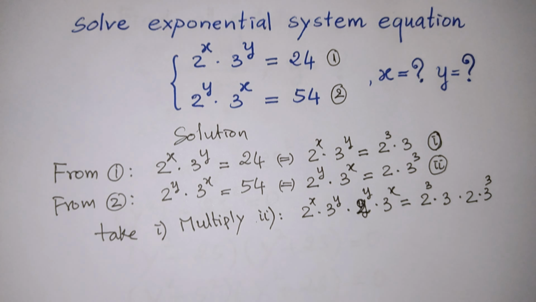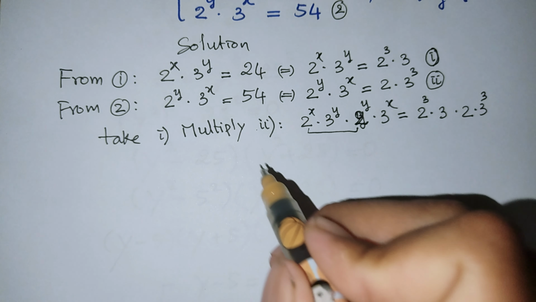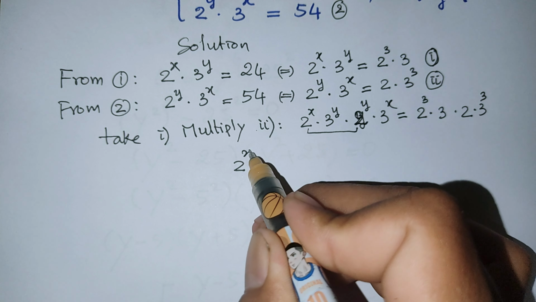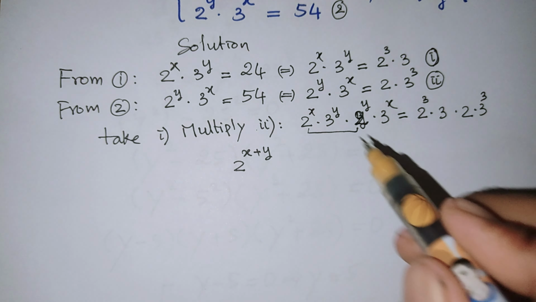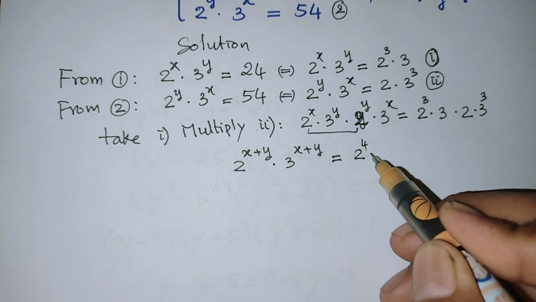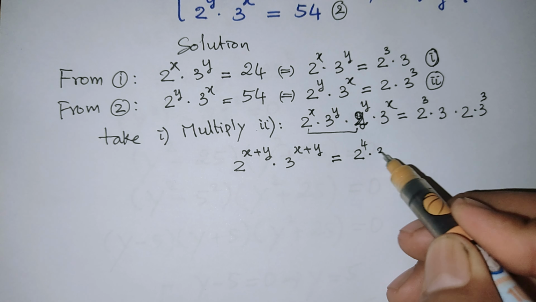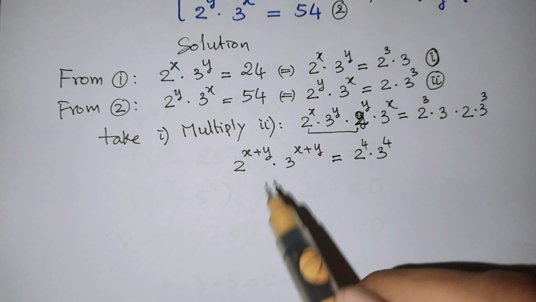With the same bases, we get 2 power x plus y and 3 power x plus y equals 2 power 4 times 3 power 4.